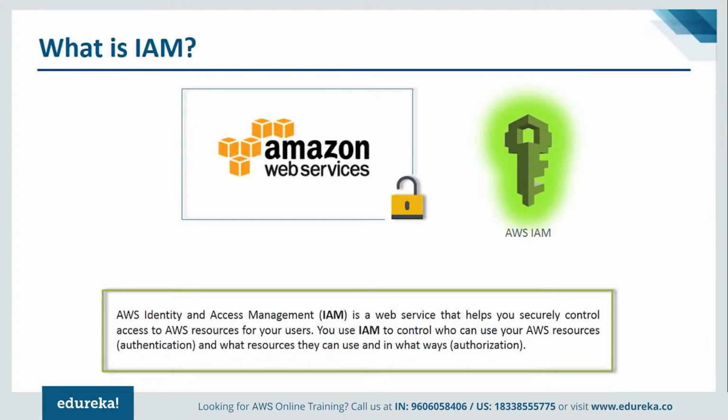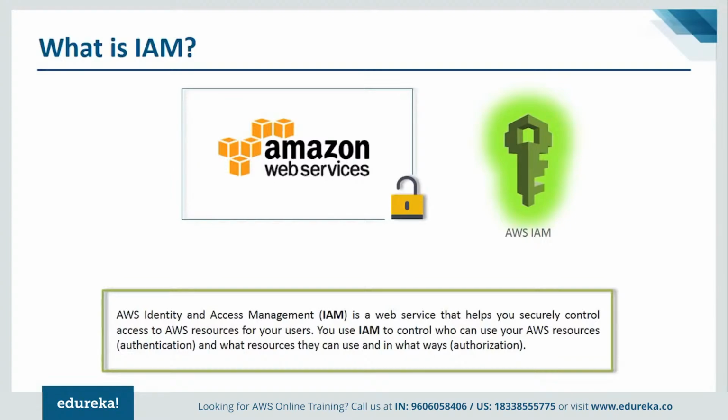So in any company, you don't have to have 2 or 3 AWS accounts. You can have one AWS account on which a number of people can work, right? For example, you can define that a developer would like to work on your AWS account, and he should only work on the EC2 instances.